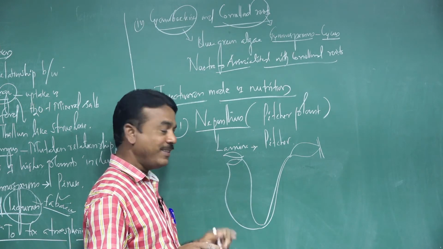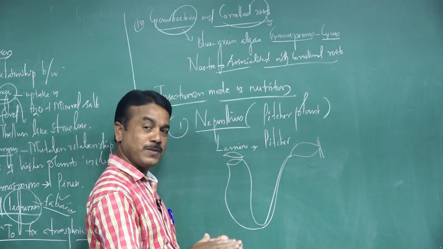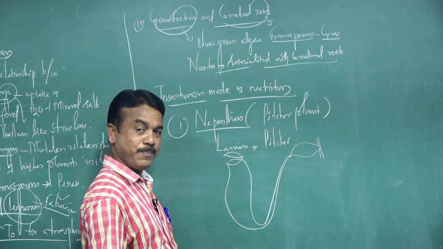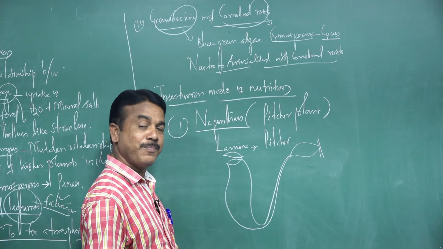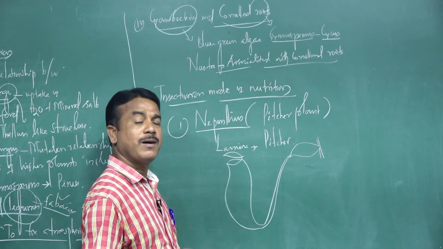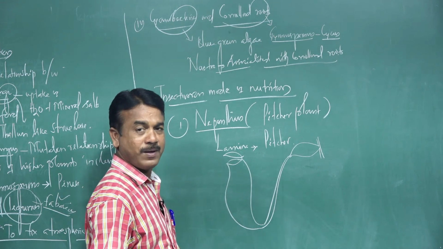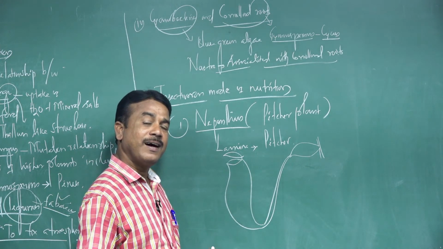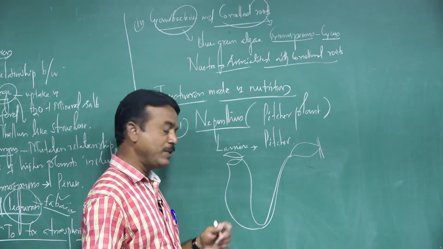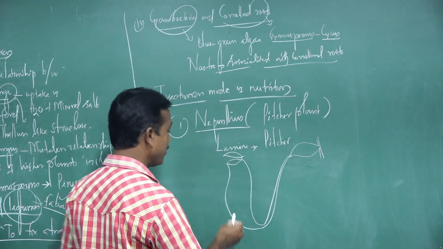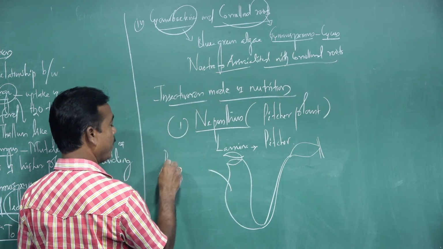When it sits, the lid closes. When closed, the insect goes inside. Inside, the rim contains a number of hair-like projections. Finally, the insect is killed. After that, the pitcher plant produces a digestive enzyme, commonly called proteolytic enzyme.